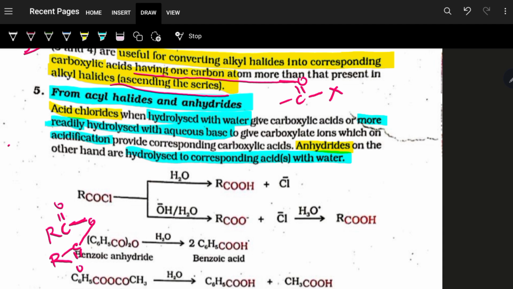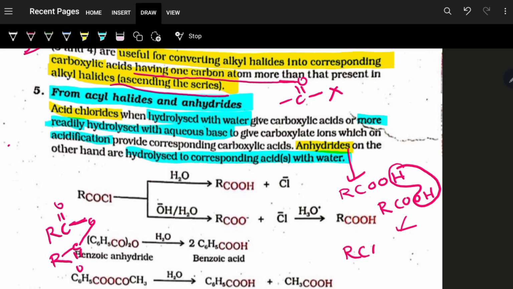Anhydrides are prepared from 2 moles of acid by the removal of 1 mole of water. Suppose I take RCOOH, 2 moles, and I remove 1 mole of water. What I will get is acid anhydride, (RCO) whole twice O.